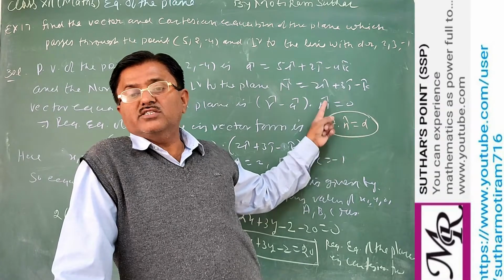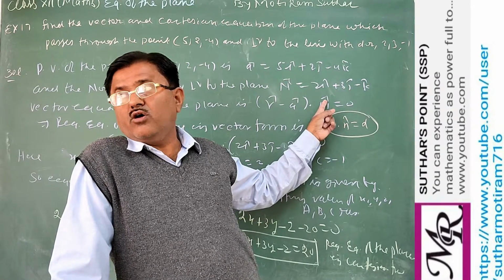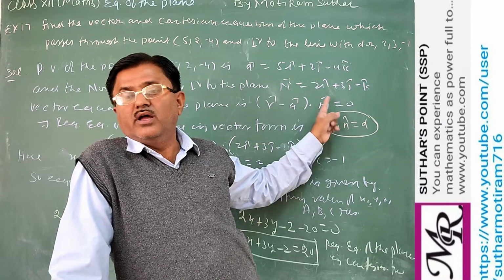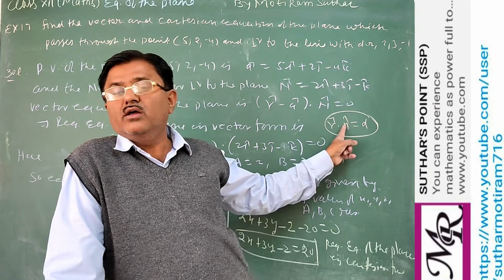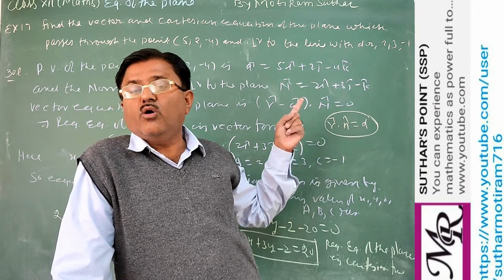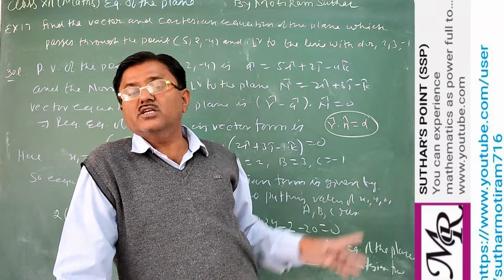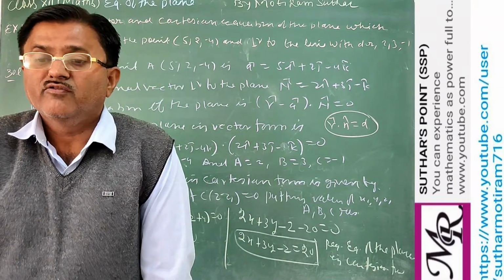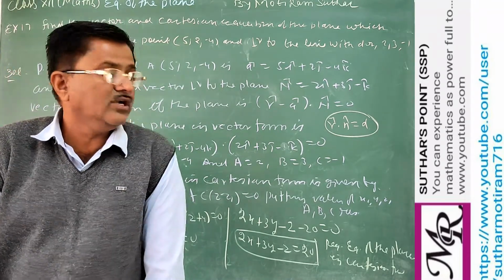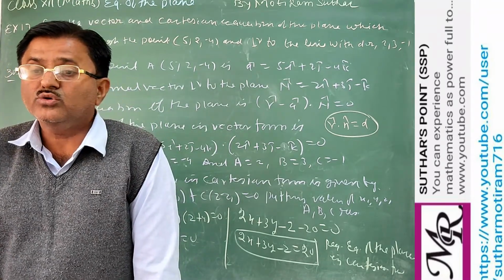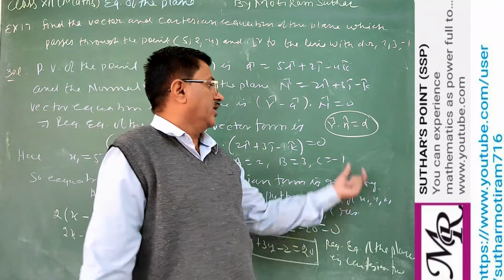Both are different. This is the direction to which the plane is perpendicular, and this is the perpendicular normal vector from the origin to the plane. Here also small d is the distance of the plane from the origin. So these things are very important for the symbols.